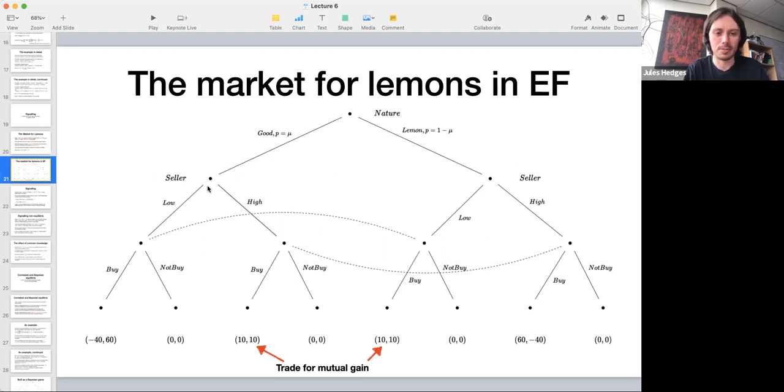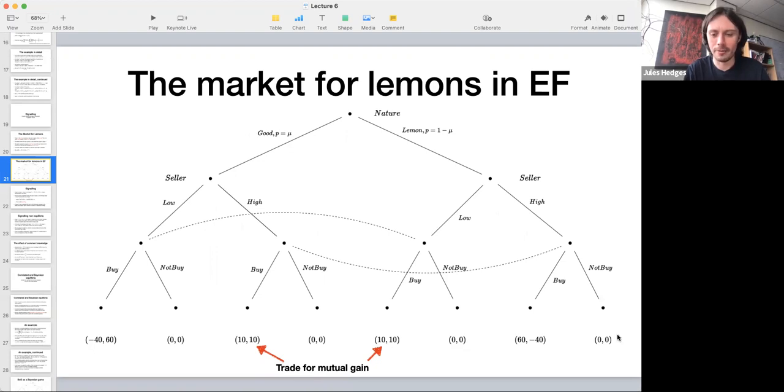So the seller is going to observe this and is going to choose low price or high price in both states. Now the buyer, I've set up information sets so that they always can see the price, but they can't see the type, and they have to choose to buy or not buy.